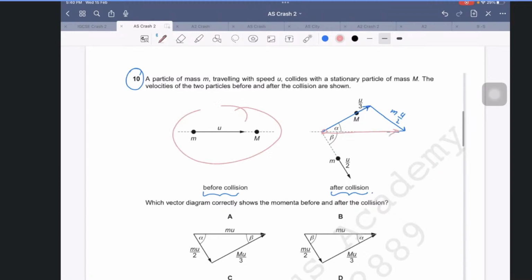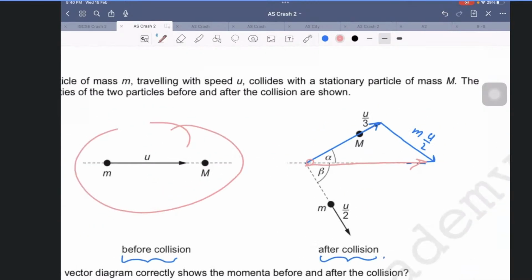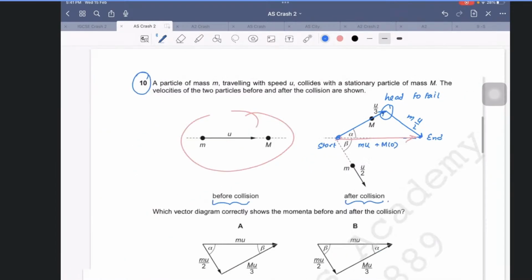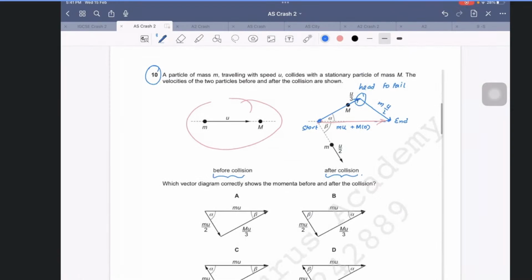And how do I know it will be here? Because when you make two vectors head to tail, this one will be mu plus m times 0. It should start from the start of the drawing and end at the end, and that would be the resultant. So we are looking at something like this.